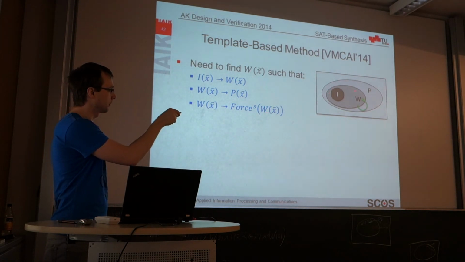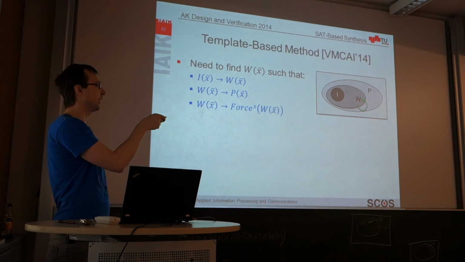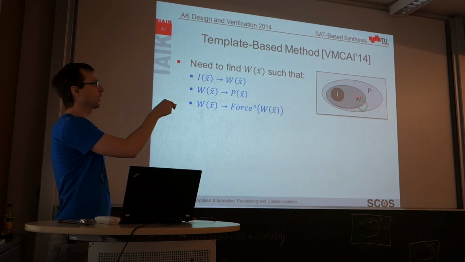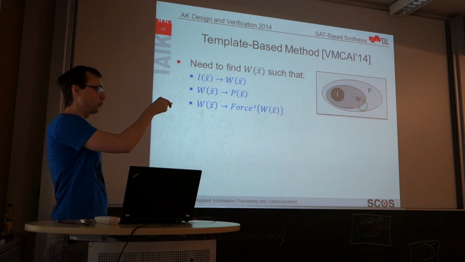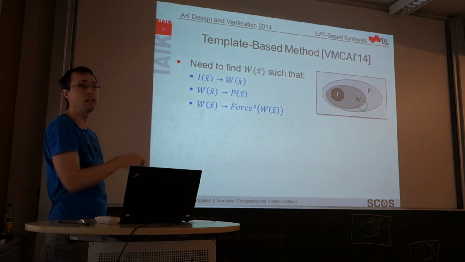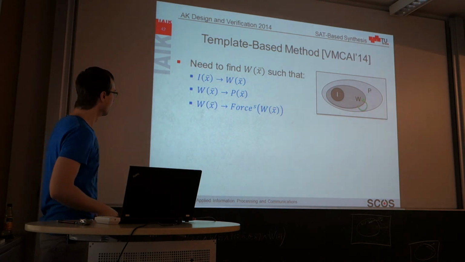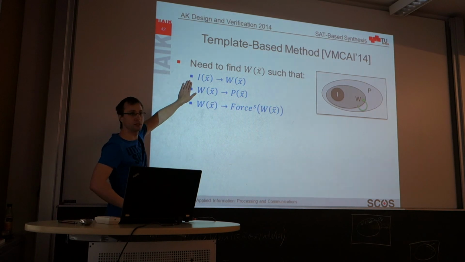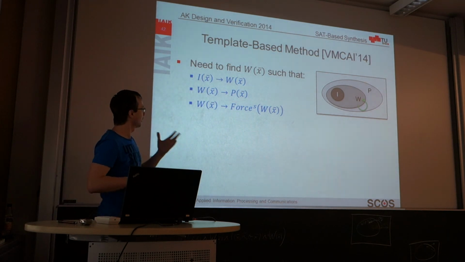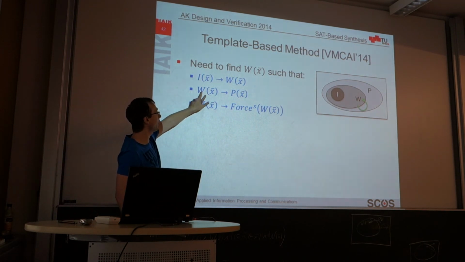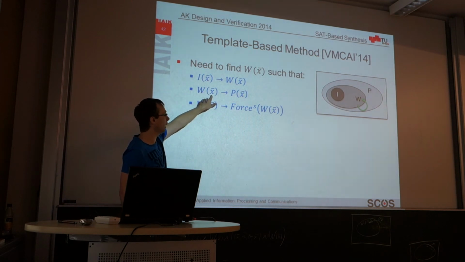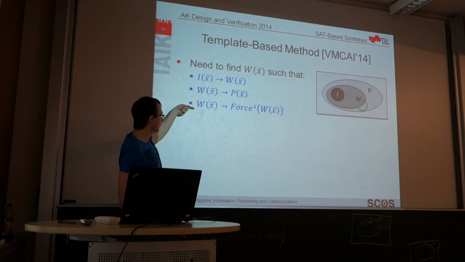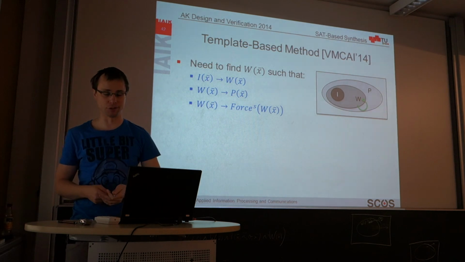This is what makes this winning region W here inductive. If we are here, then we can also go there in the next step and go there in the next step, so we can always stay in this winning region W. So these are the 3 properties that must be satisfied. So our goal is now to find a formula, W, over the x variables, which satisfies these 3 properties.